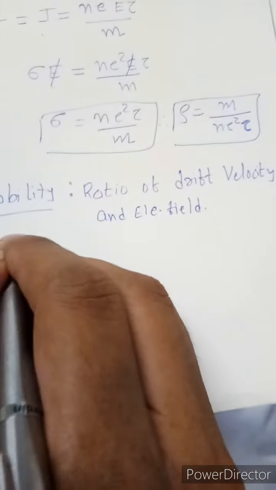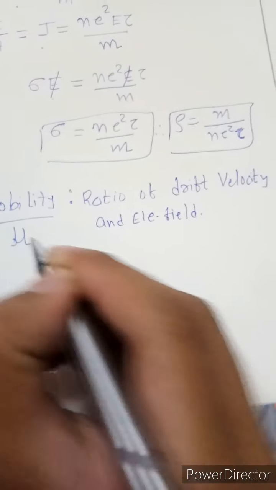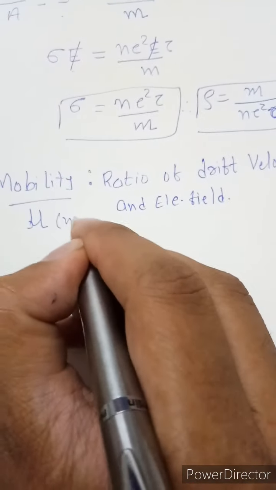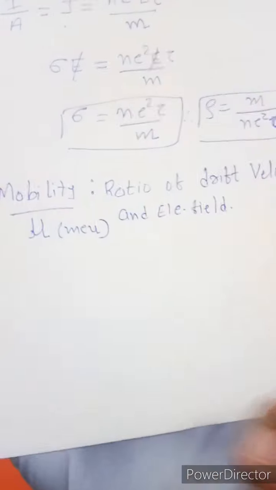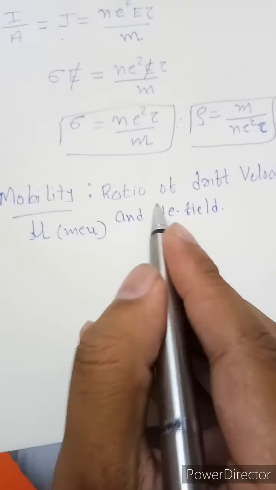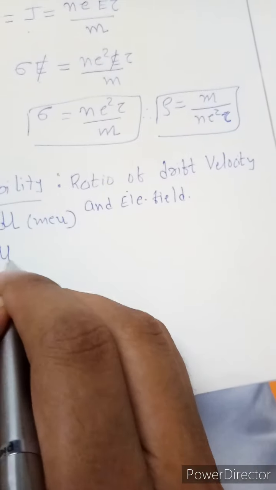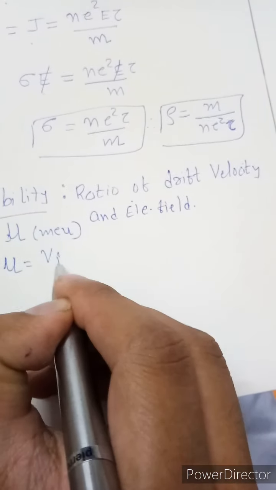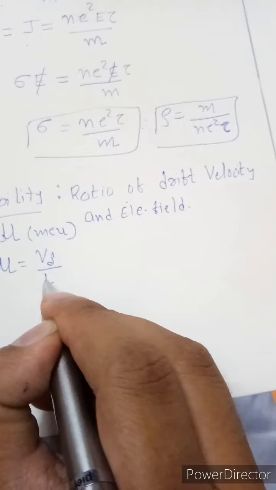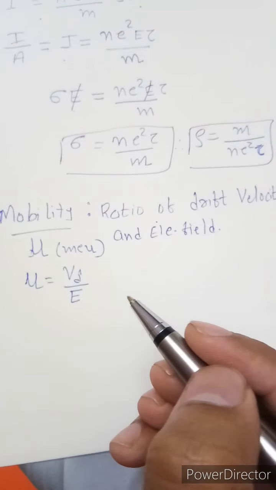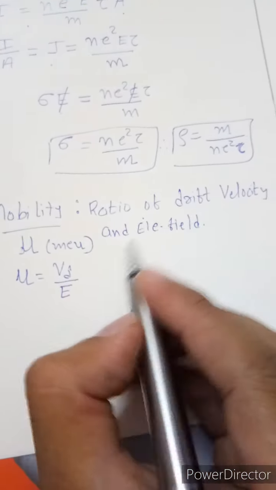Its symbol is mu, M-E-U, μ. From this definition you can derive the formula μ = Vd/E, which is drift velocity upon capital E.